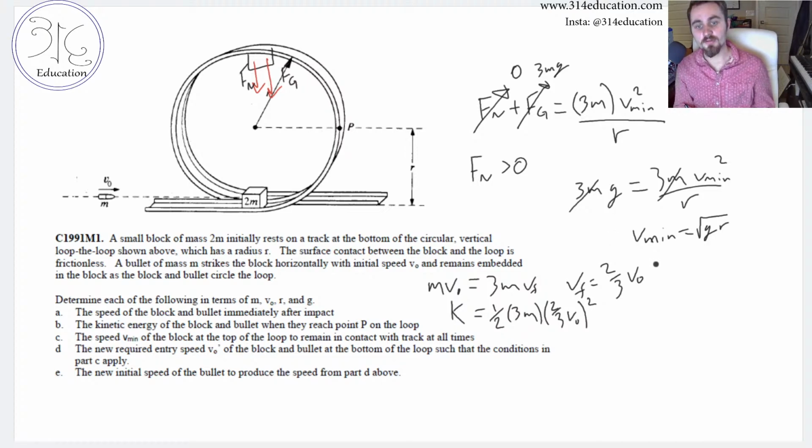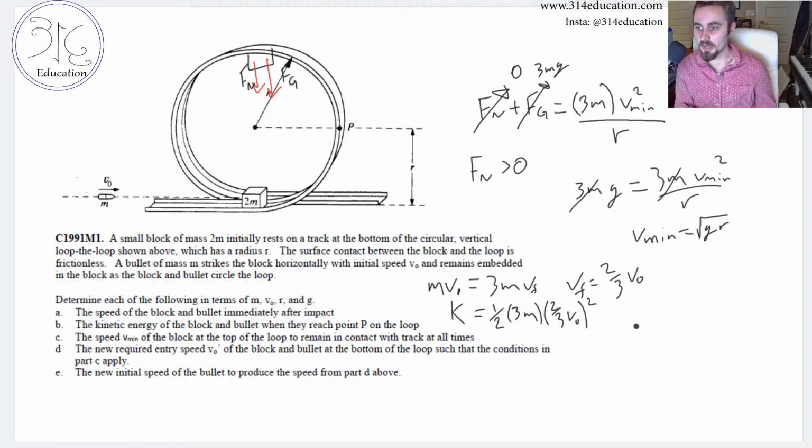So now we need to find what is the required entry speed of the bullet and block combo at the bottom of the loop, such that the conditions in part C apply. So we want to make sure that we reach some velocity of v min at the top there. And so to do this, we'll use conservation of energy.